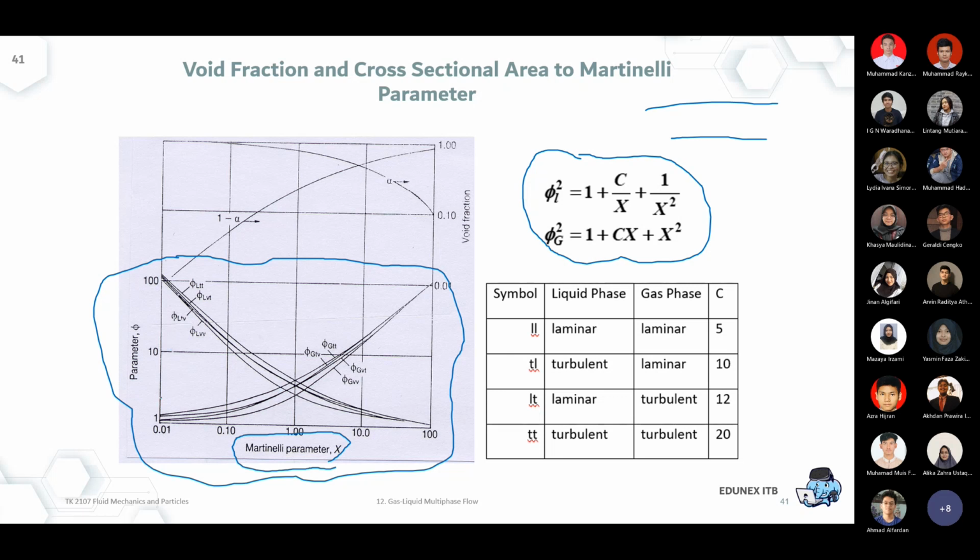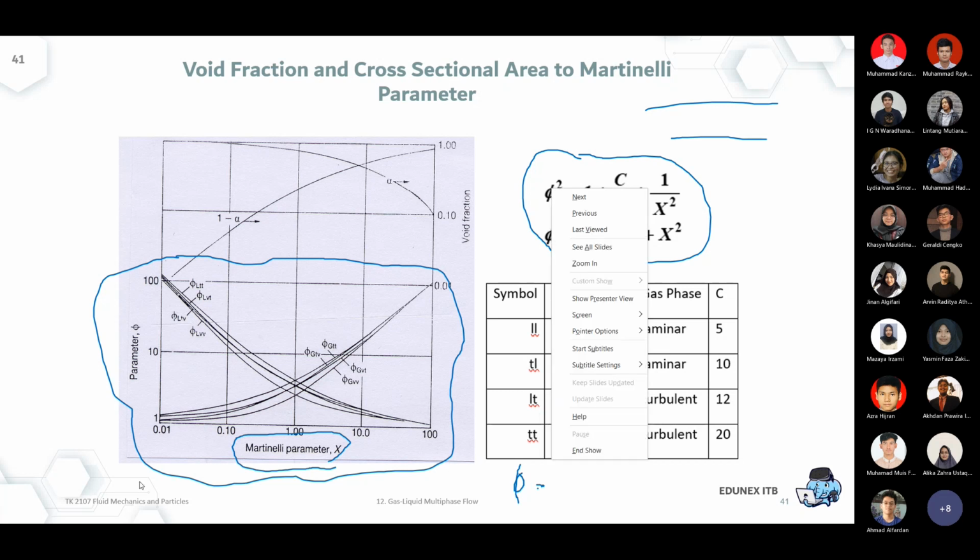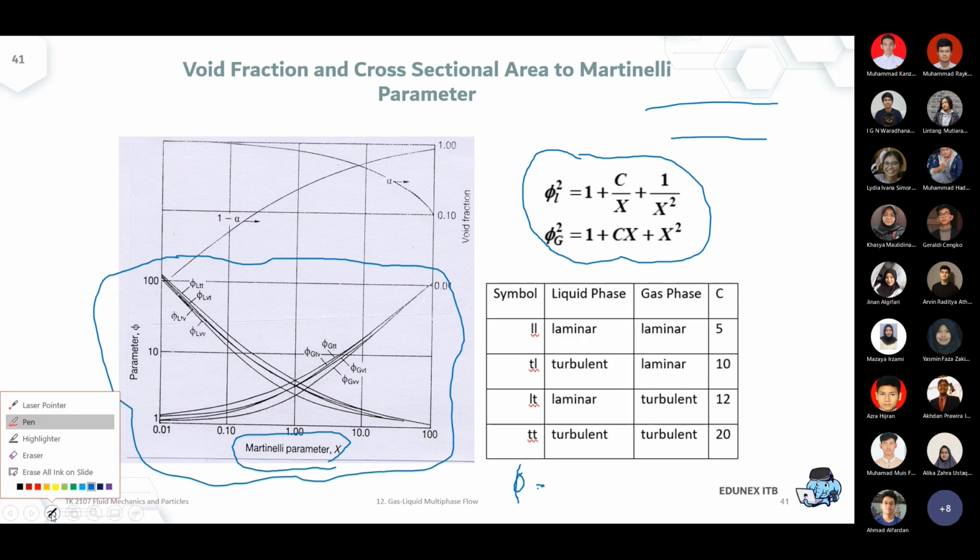Which one do you want to calculate? And remember that the two-phase flow based on initial Lockhart-Martinelli is calculated as, sorry, I think I made a mistake. That shouldn't be the symbol.